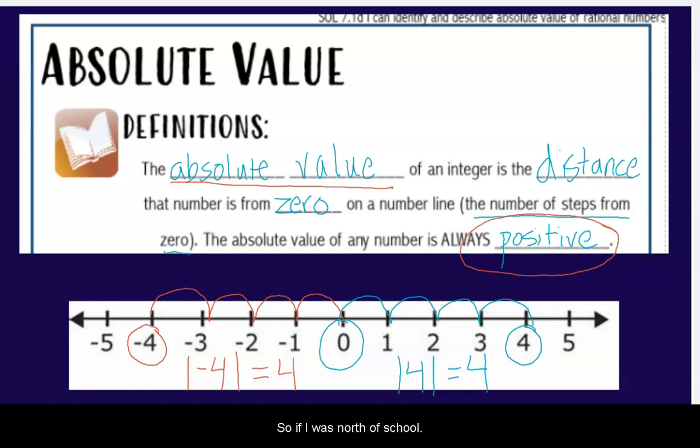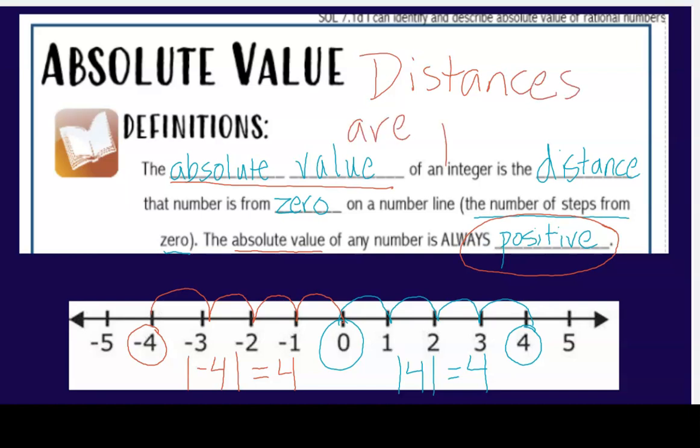If I was 22 miles north of school, I would also say that's a positive number. So be thinking of absolute value as a distance. And when we give distances, distances are positive. And absolute value is always positive.